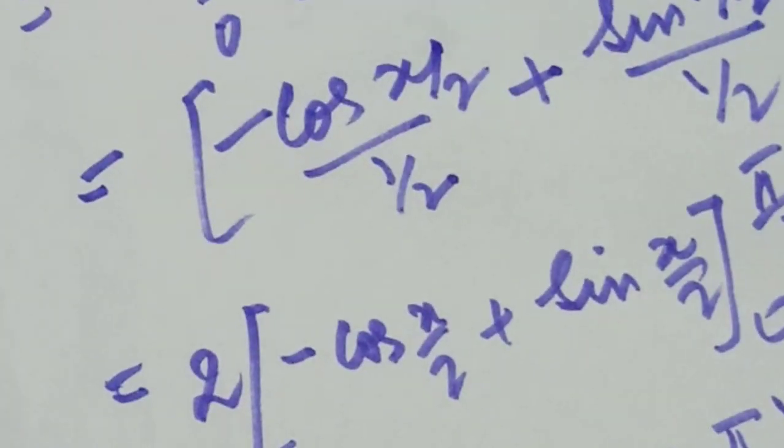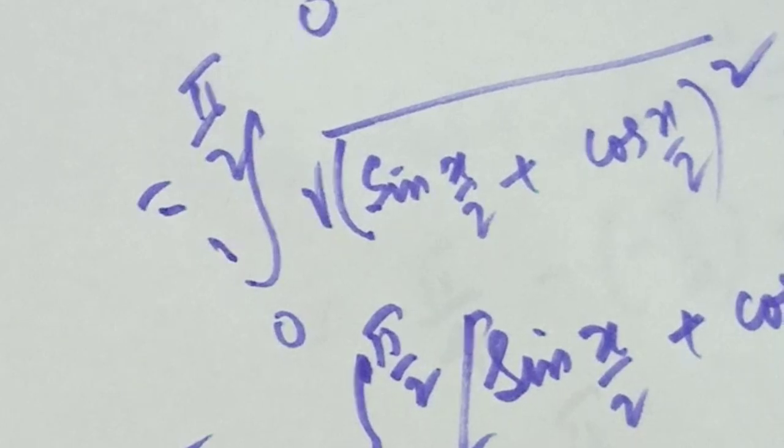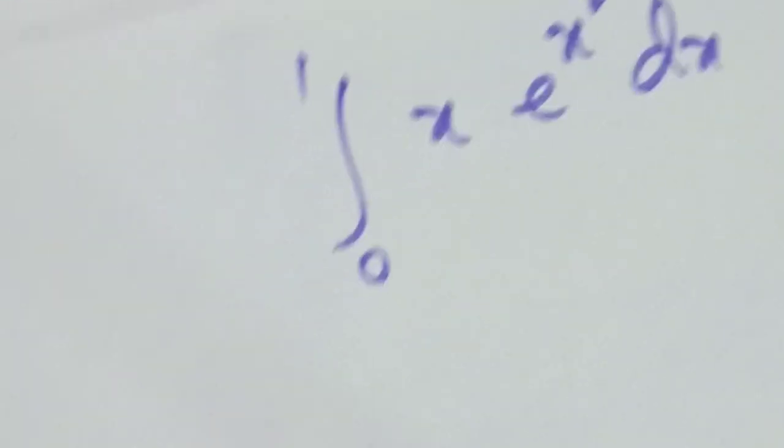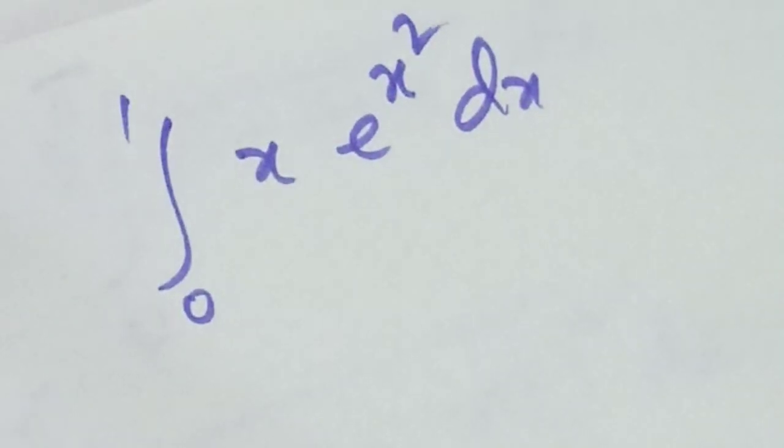So finally the integration of under root 1 plus sin x in the interval 0 to pi by 2 is 2. Another example. This time the example which I have selected is one where we are supposed to use substitution.